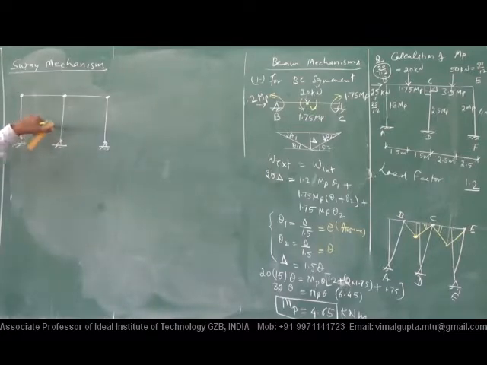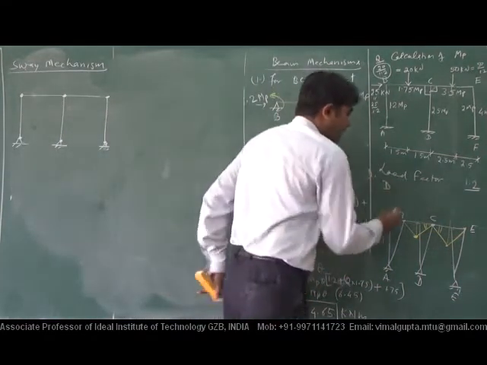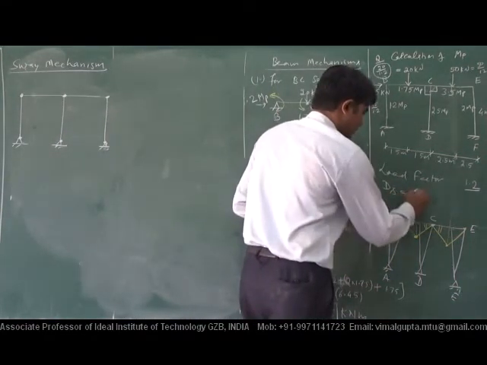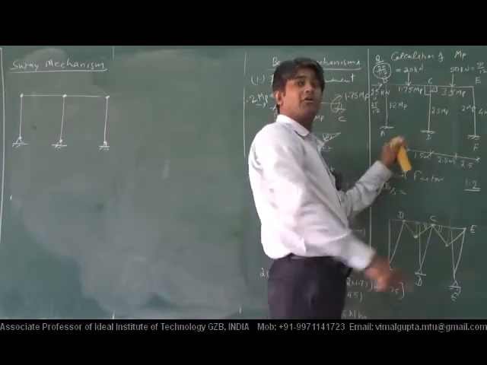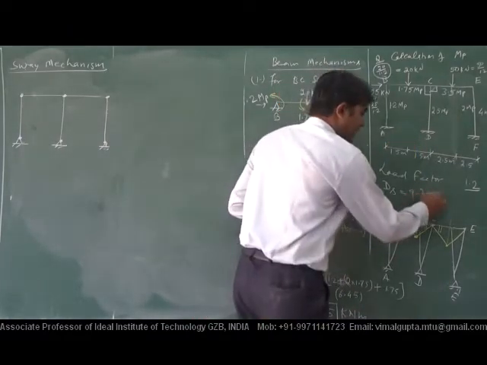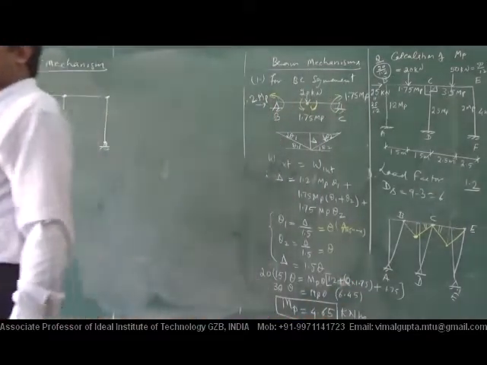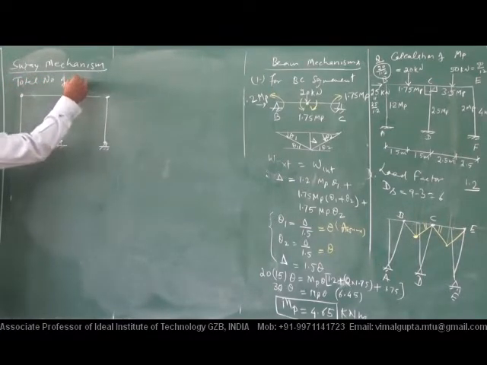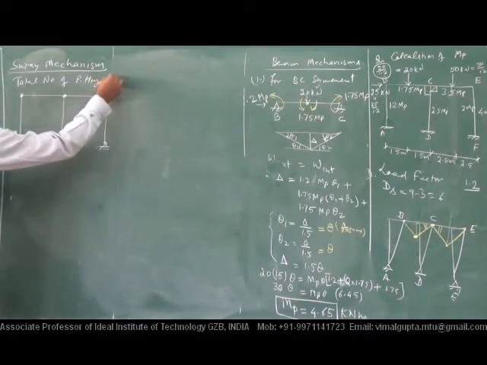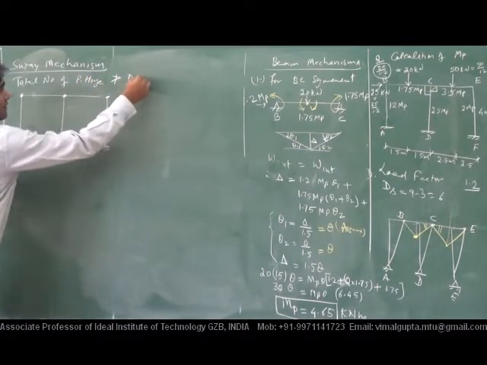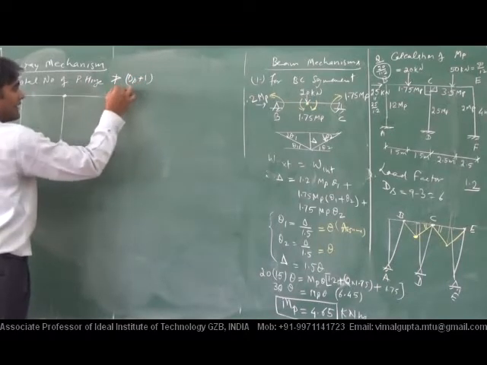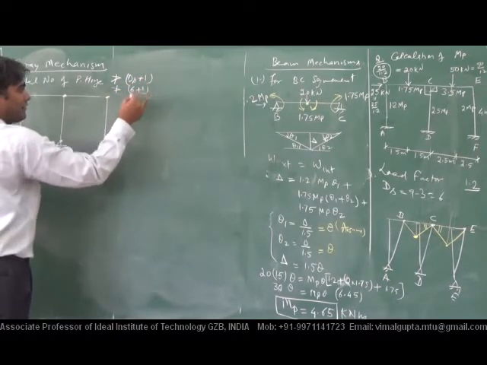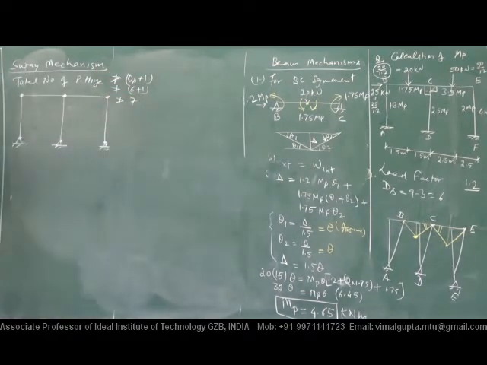That structure has total number of unknowns 9, so 9 minus 3 equals 6. So the total number of plastic hinges cannot be more than ds plus 1, and here it is 6 plus 1, which means 7. Cannot be more than 7.